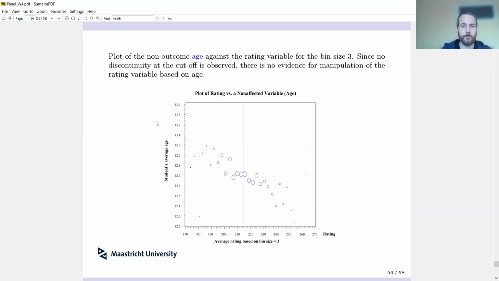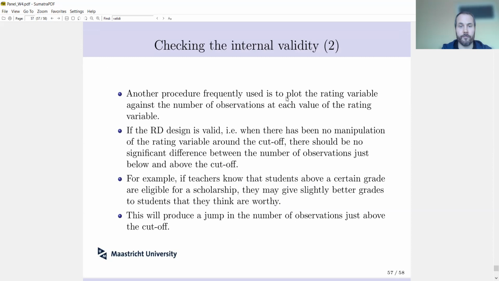Another thing is that we want to rule out manipulations of the rating variable. That we can do by checking the density of the rating variable. We want to see how many observations are to the left and how many observations are to the right of the cutoff. If there's a clustering just above the cutoff, for instance, that can be a sign of manipulation of the rating variable.